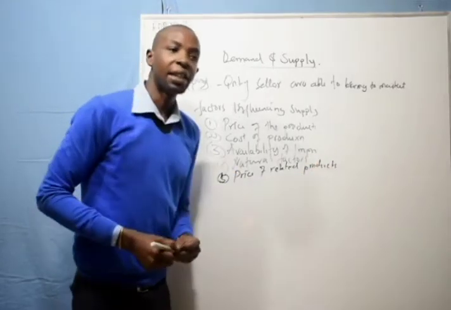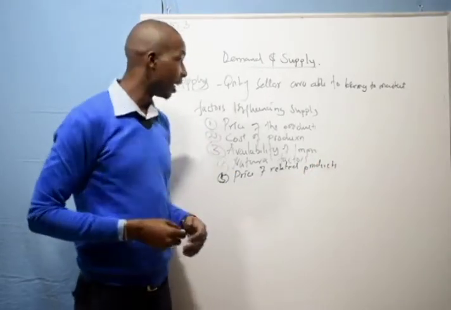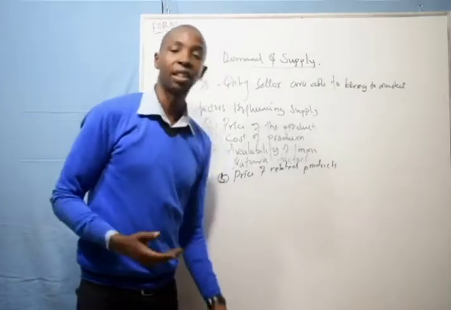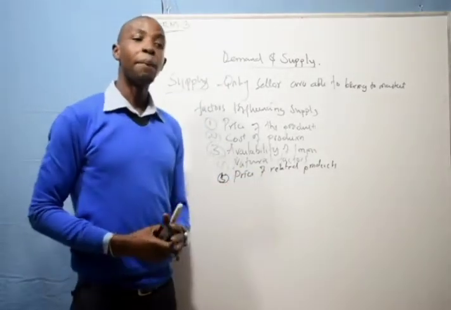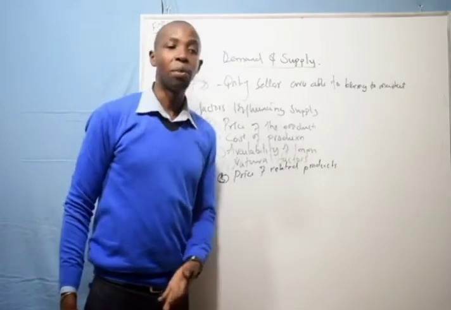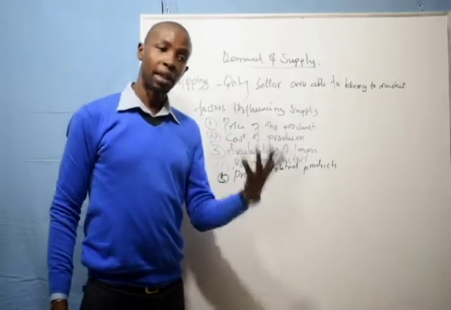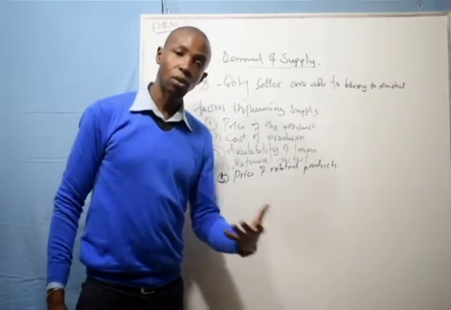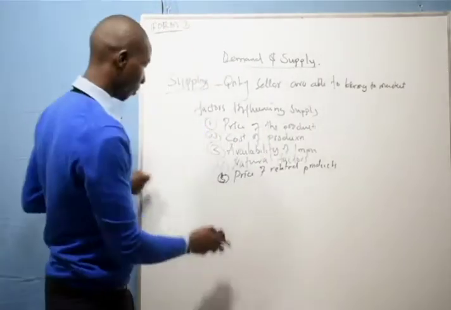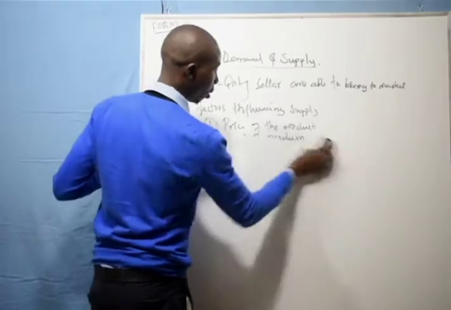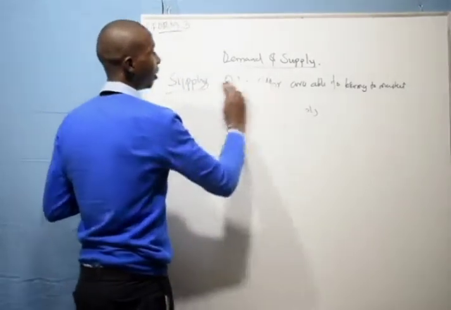Now let's see what a supply schedule is. A supply schedule is just a table showing the price of a commodity against the quantity of that commodity supplied.